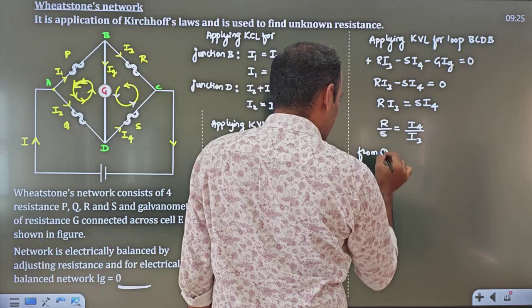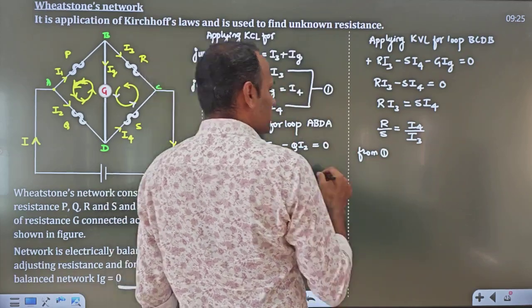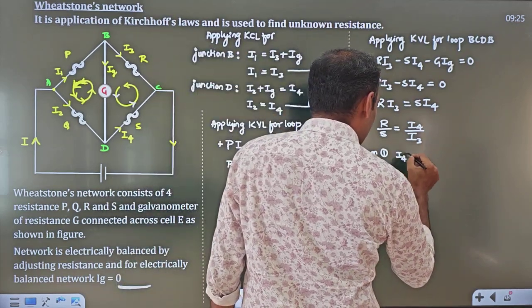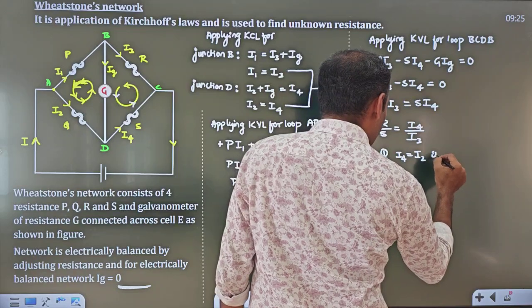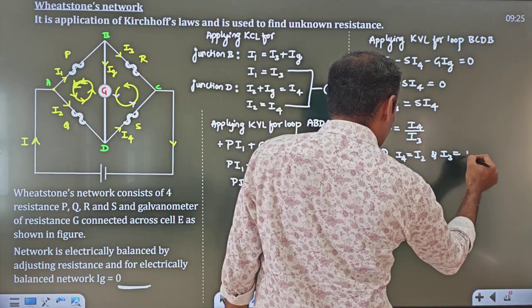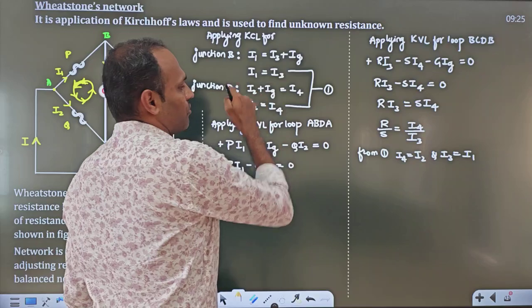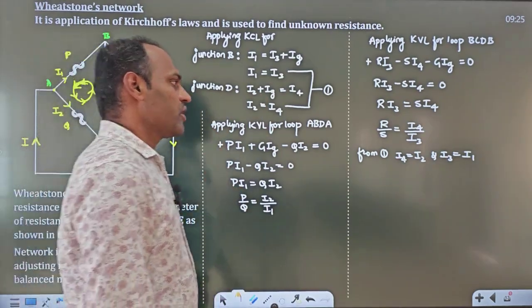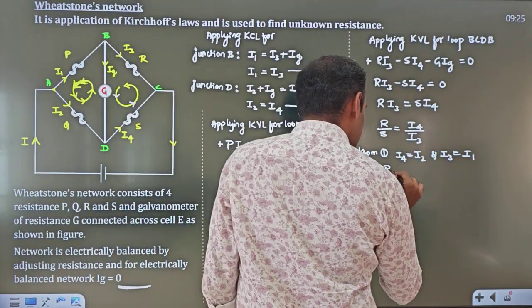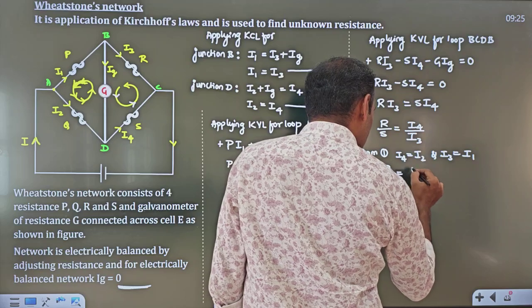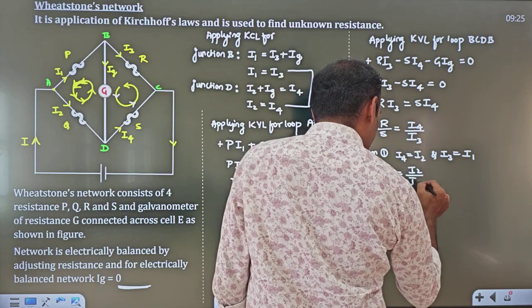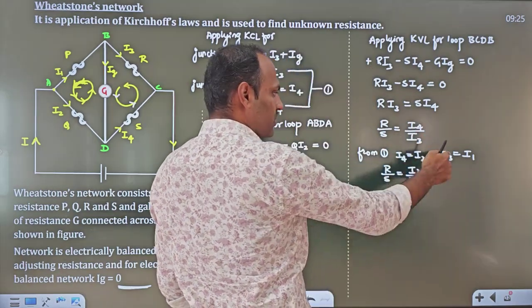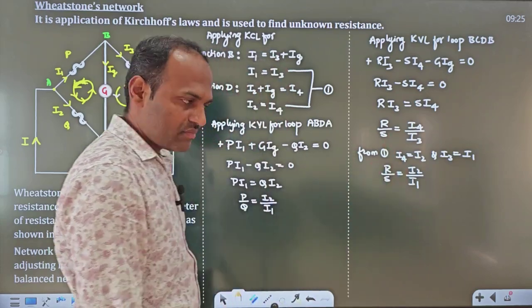From equation 1, we know I4 is equal to I2 and I3 is equal to I1. So I can write R by S is equal to I2 divided by I1. In place of I4 I take I2, in place of I3 I take I1.